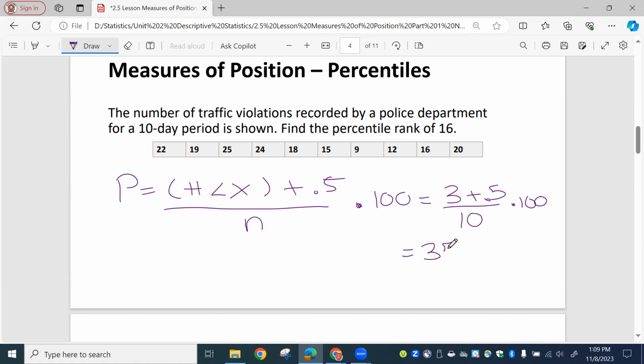We get 35. And so that means this 16 violations we will consider to be the 35th percentile. So we are using this formula and the data set to calculate the percentile that a data point is in.